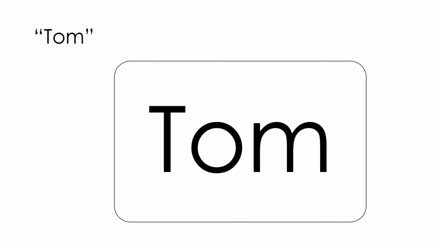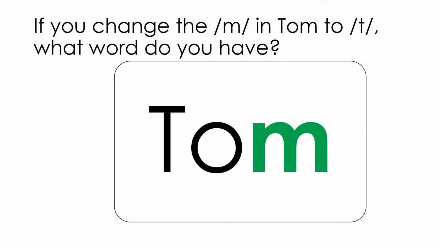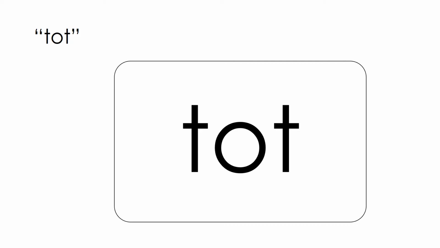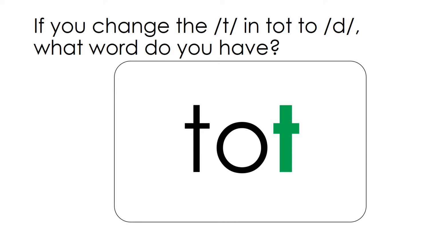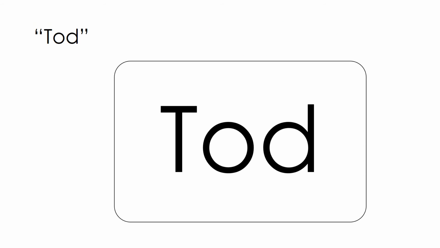Tom. If you change the M in Tom to T, what word do you have? Taught. If you change the T in taught to D, what word do you have? Todd.